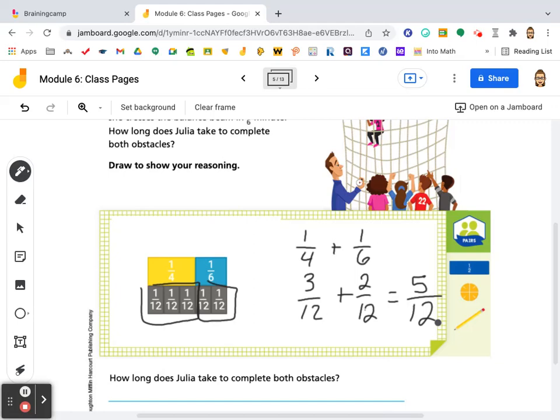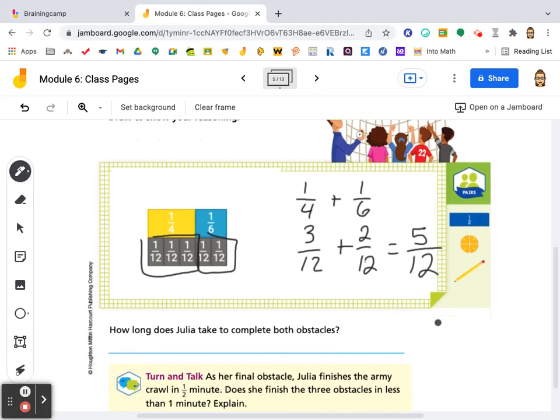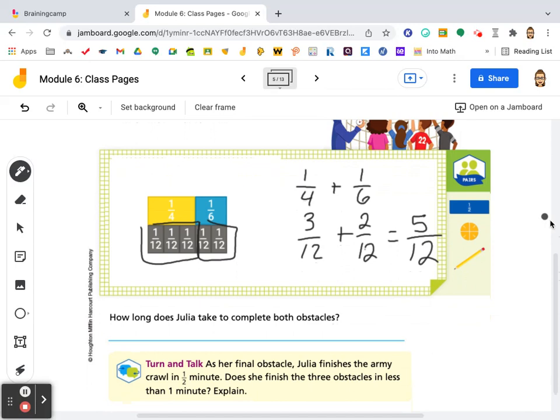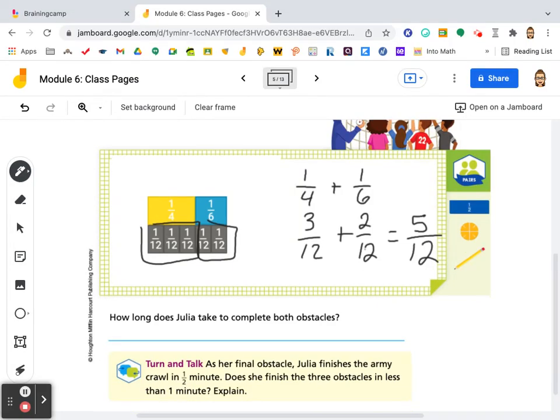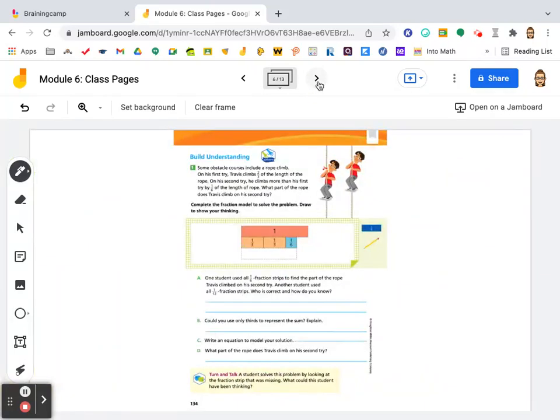So it says, how long does Julia take to complete both obstacles? Well, the answer would be 5/12 of a minute. Go on to the next page.